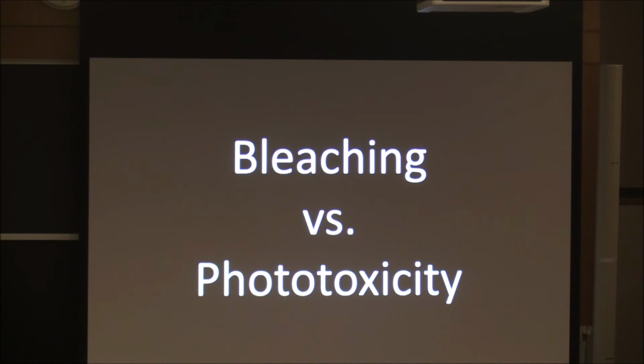Your cell still looks nice and bright, gives you a really great image, but your cell is dying or near dead or already dead. And that's because of this phototoxicity. So these are two very different things. Often they occur synergistically and at the same time, but there are lots of situations where you can have bleaching with no phototoxicity or phototoxicity with no bleaching.